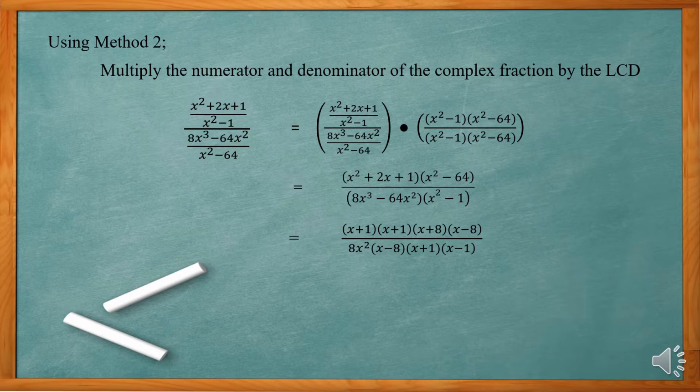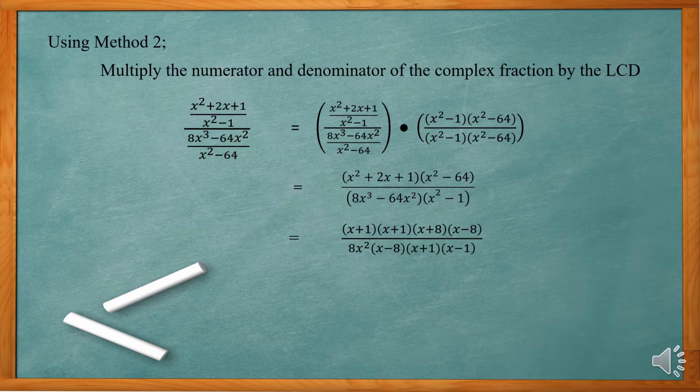And our denominator, the 8x cubed minus 64x squared, it is a common monomial factor. So I isolated 8x squared, and the remaining would be x minus 8. And x squared minus 1 is also a difference of 2 squares, which is x plus 1, x minus 1. So yeah, I just factored it out.